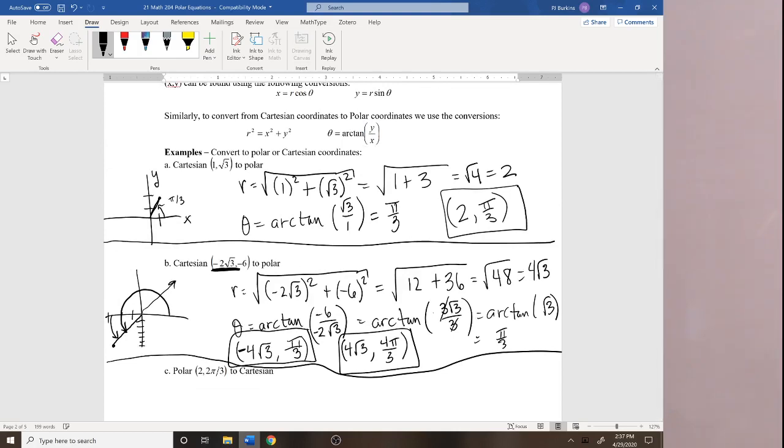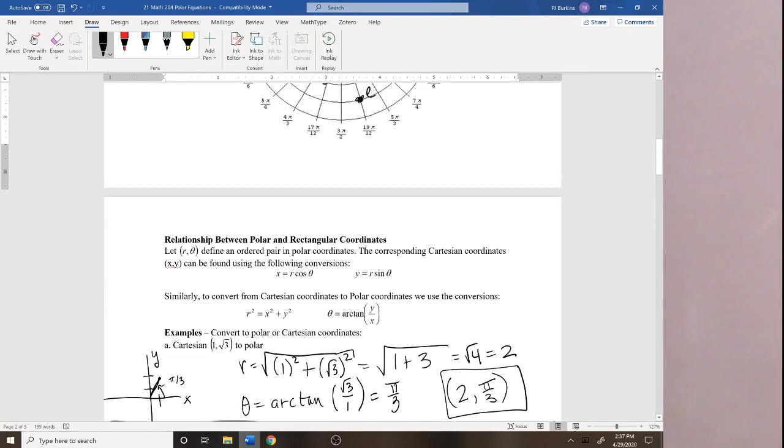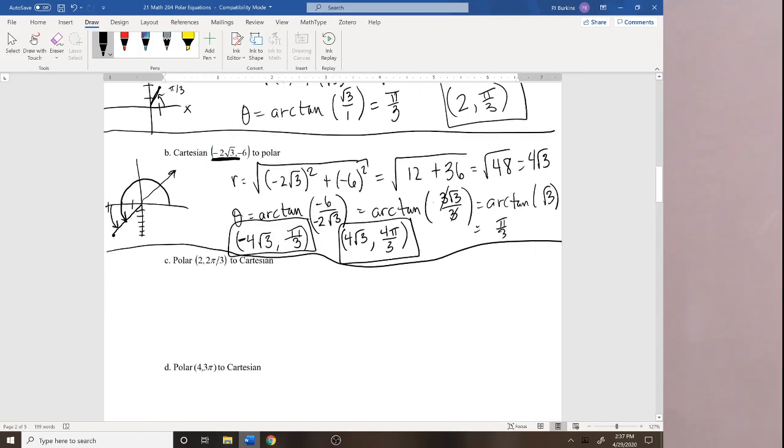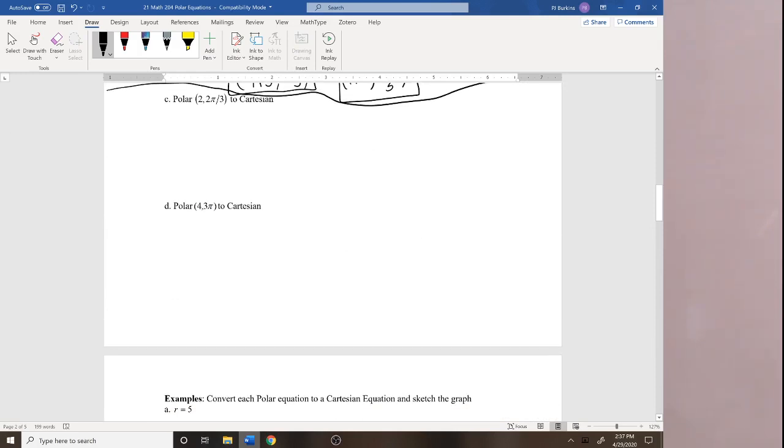So this next one, or these next two, are going to require the other set of equations, the x equals r cosine and y equals r sine. So x equals 2 cosine 2 pi over 3, and y equals 2 sine 2 pi over 3.